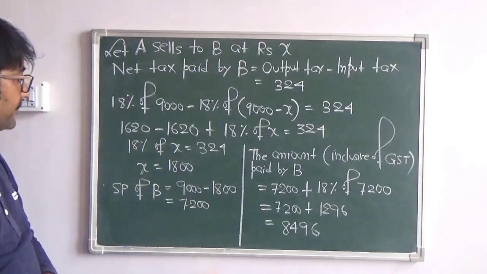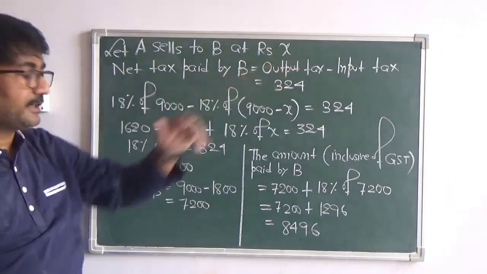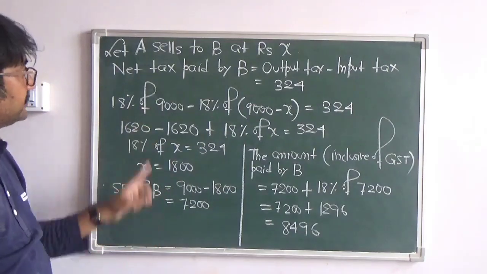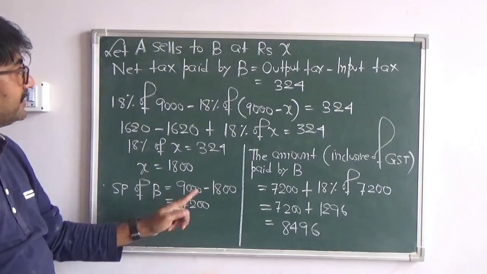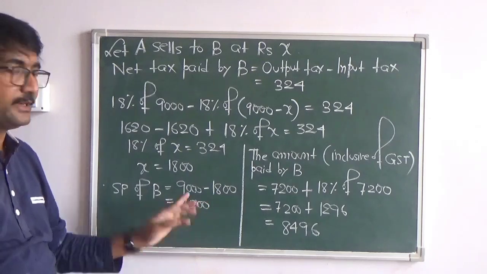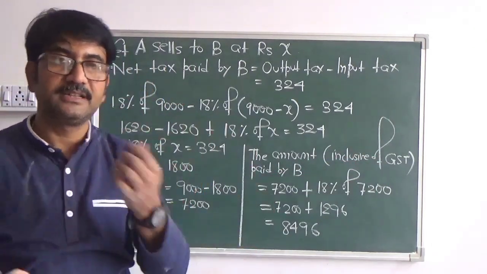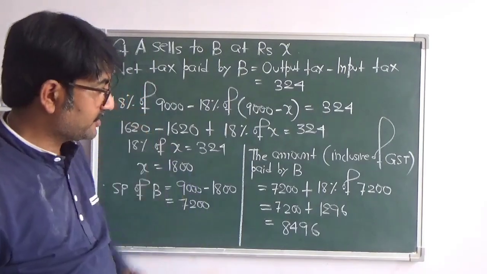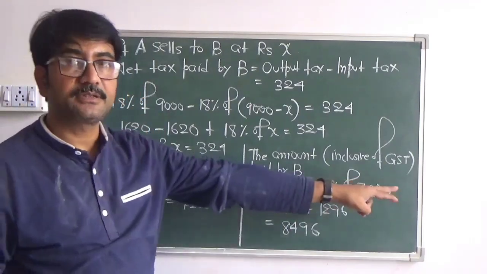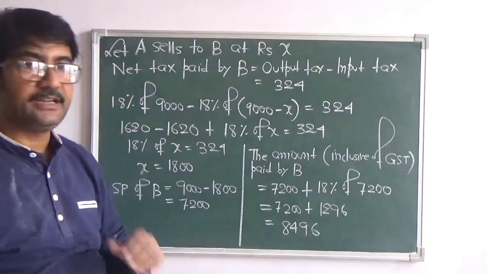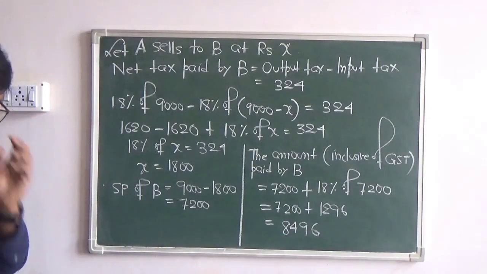So the lower price is 1800. So the selling price of B is 9,000 minus 1,800, that is 7,200. Now the amount paid by B, inclusive of its GST, is 7,200 plus 18% of 7,200, and that comes to 8,496. So have a look at it.